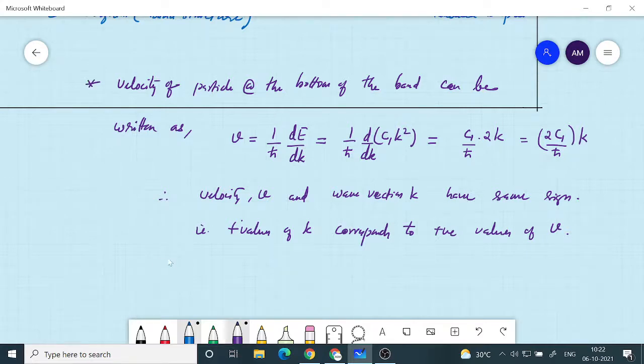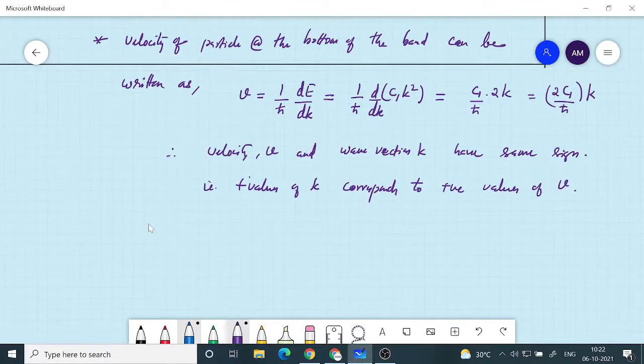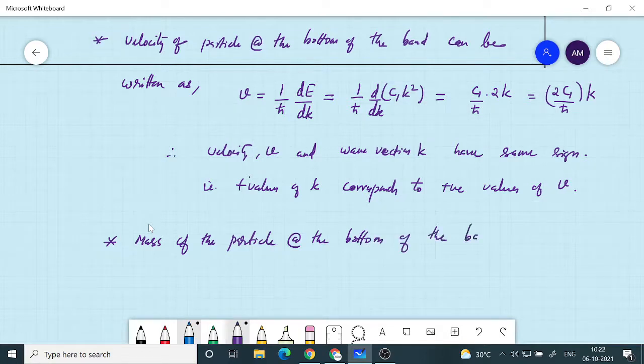Now let's look at the same bottom of the band again. We are going to apply the mass of the particle at the bottom of the band, which can be approximated as, okay, because why I say approximated, because this parabola is valid only for some region.